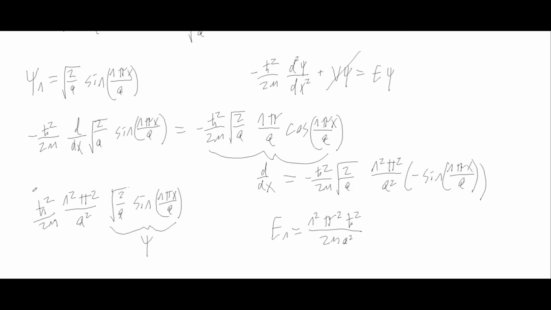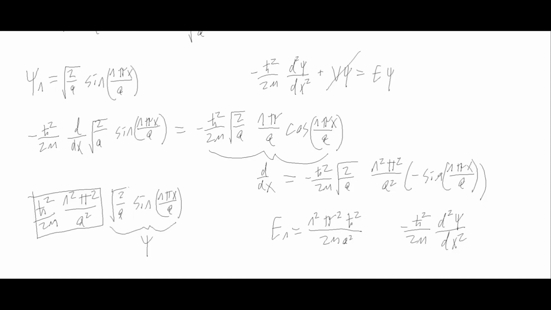And that is exactly what we have right here. So that tells us that this is a solution to the Schrodinger equation, because we wanted minus h bar squared over 2m d2 over dx squared.